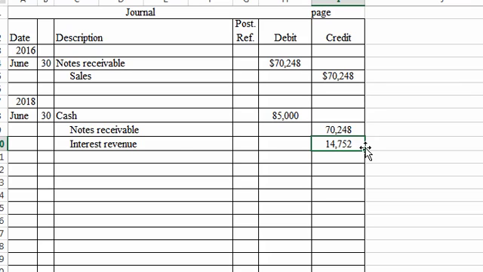Now, on the other side of that transaction, these would be entries for Field Detergent Company.